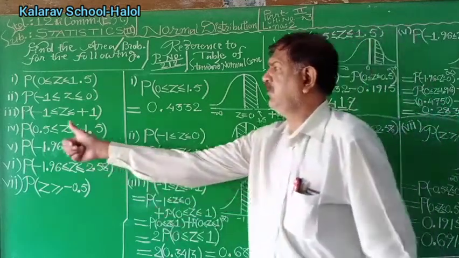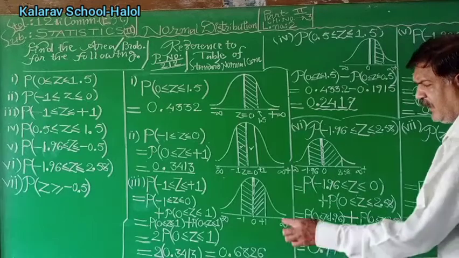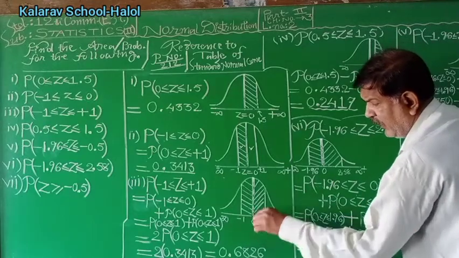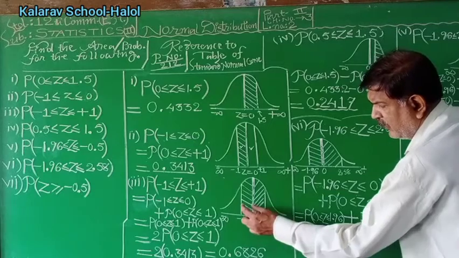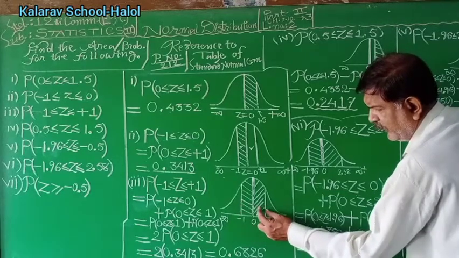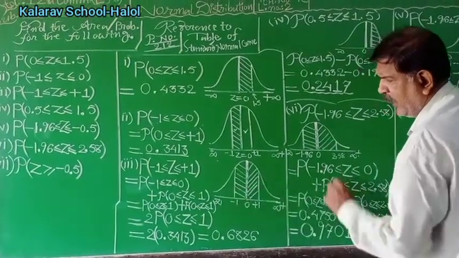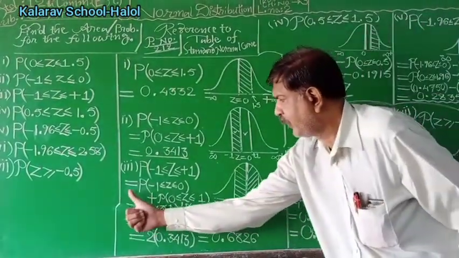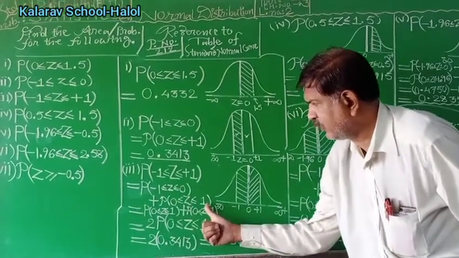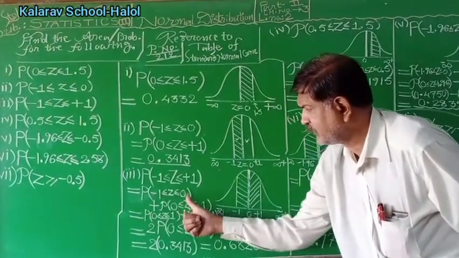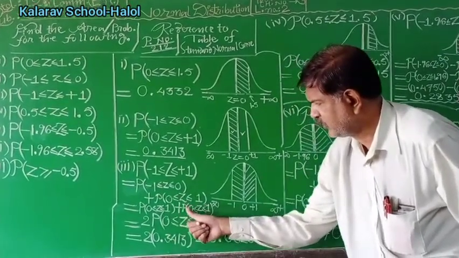Then the third one, minus 1 to plus 1. That means first minus 1 to 0 and then 0 to 1. If we add these two, we get the required probability or area. But minus 1 to 0 is the same as 0 to 1, and this is also 0 to 1.